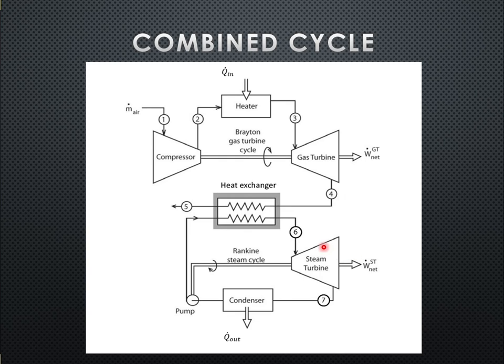So now the steam leaves the turbine and goes into a condenser where it cools down until it becomes a saturated liquid in an adiabatic process with constant pressure. The water flows into the pump again, and the pump increases the pressure of the water, and the water flows again into the heat exchanger or boiler, and this cycle starts again.